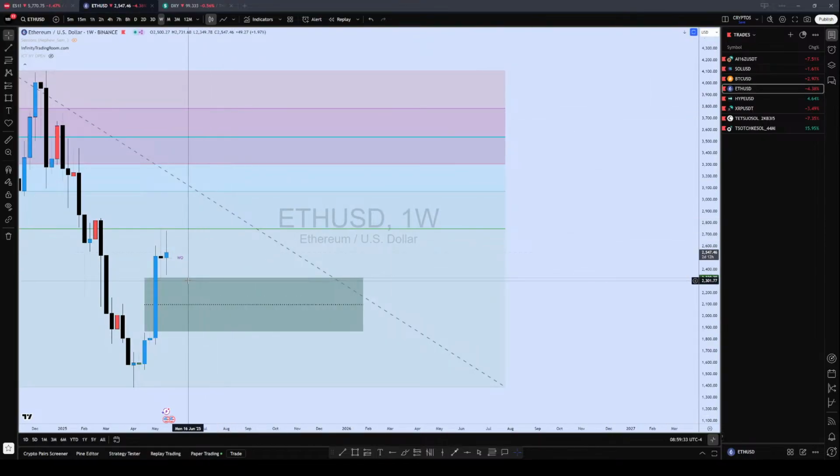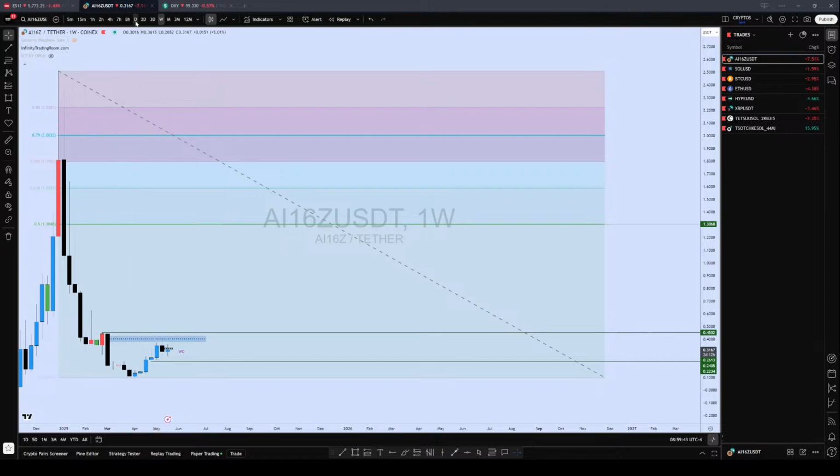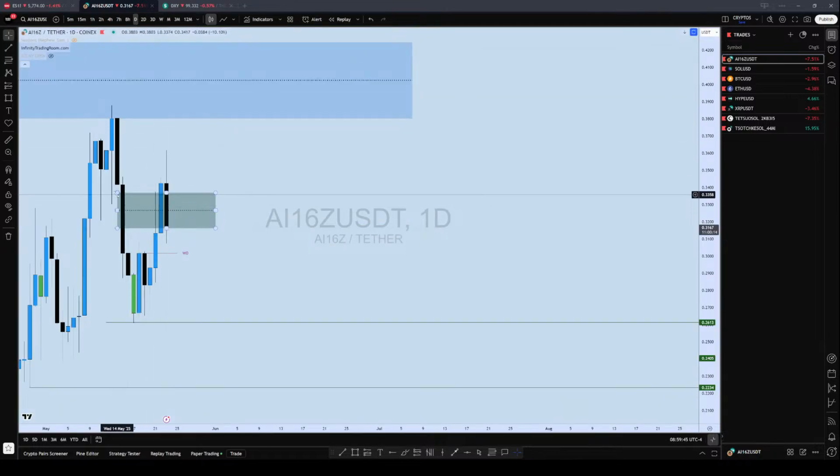Ethereum, same thing. So the narrative for Bitcoin goes for all the other pairs. Bitcoin is king. AI still struggling. We've managed to close above it, so that's a good thing. I think the daily has closed above it, so that's a positive sign that we will resume going up.